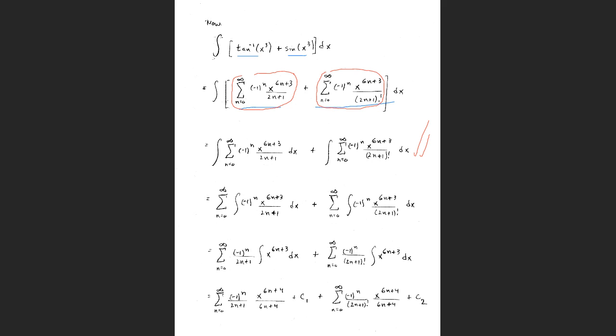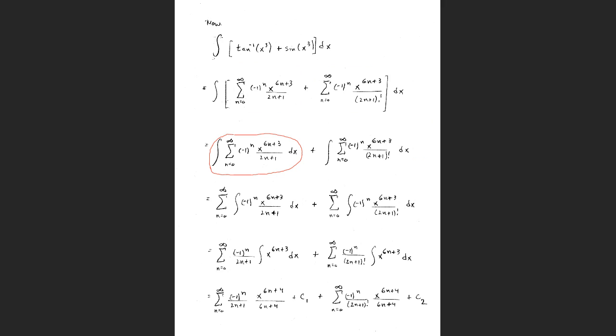Okay, I'll go slow here. I want to make sure you're following me, okay? Okay, but now these integrals individually, like for the first expression here, I have the integral of a sum.